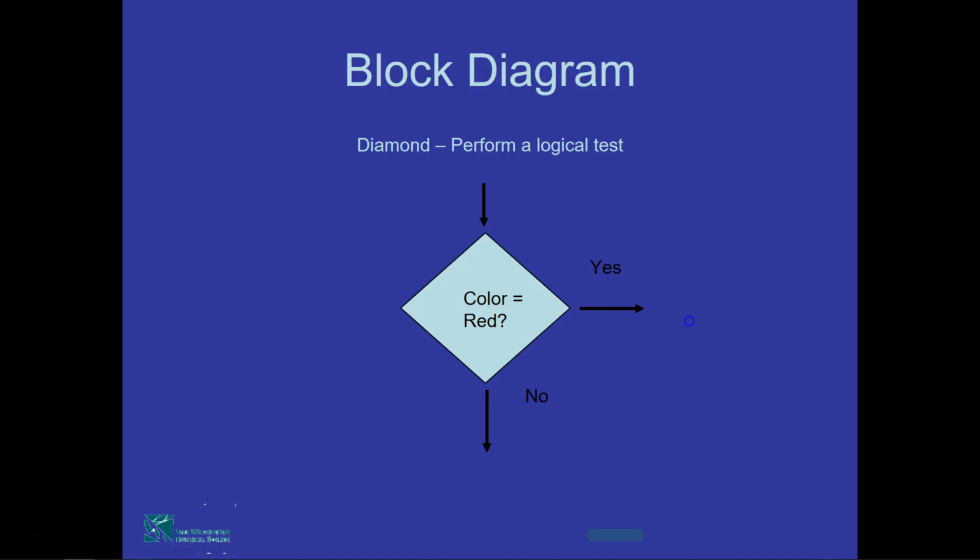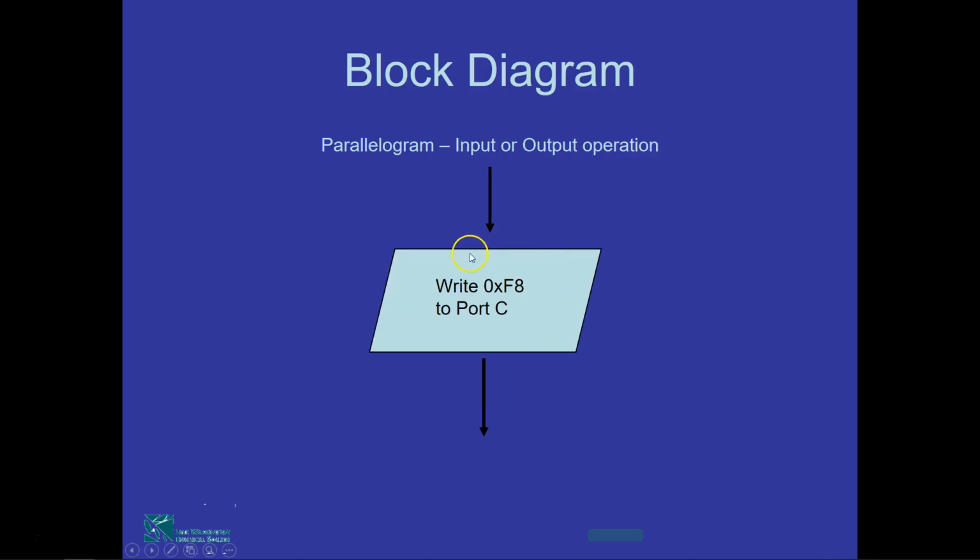Now let's see the next. Next we have a parallelogram. This parallelogram inputs or outputs the operation. A parallelogram basically denotes any function of input or output types, and the program instructions that take input from input devices and display output on output devices are indicated with this parallelogram in a flowchart.